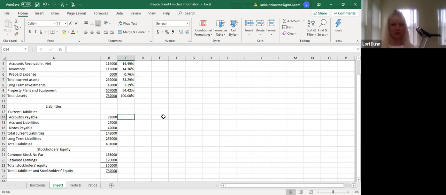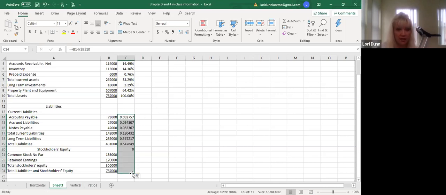Well, the more you think about it though, so you take your accounts payable here, B14, divided by your total asset amount. And it's telling you what percentage each item is of total assets.